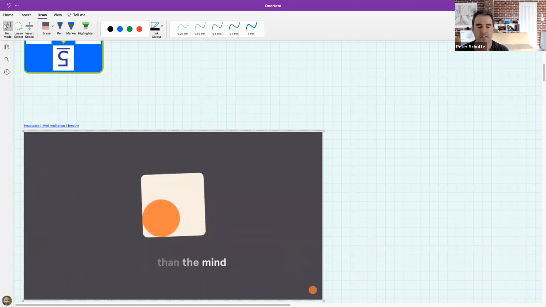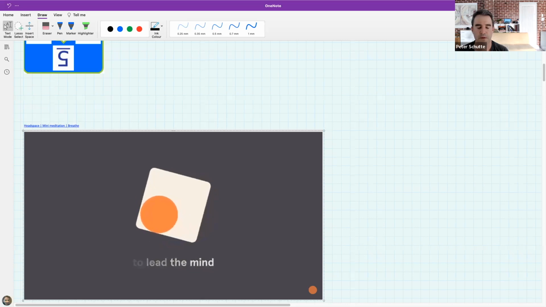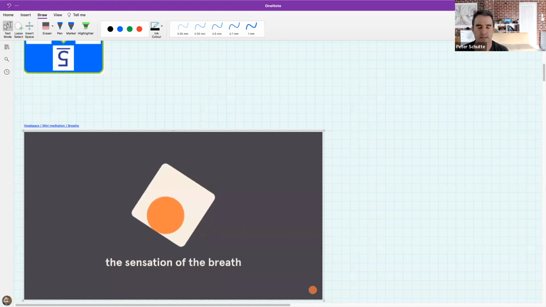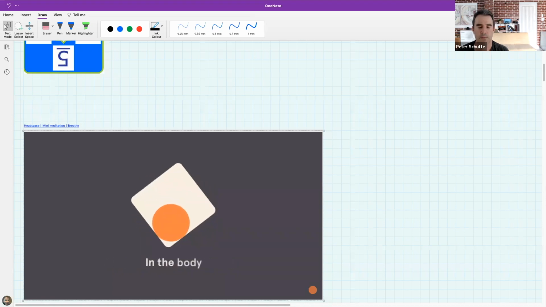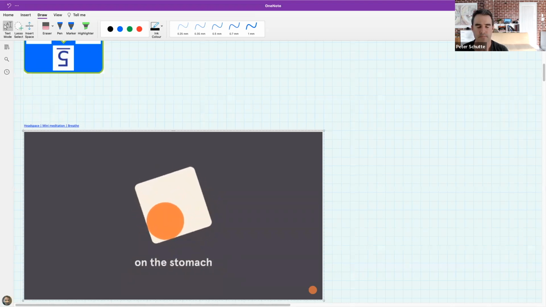And rather than the mind leading the breath, allow the breath to lead the mind. Notice the sensation of the breath. Notice it where you feel it in the body. If you need to, you can just gently place your hand on the stomach.